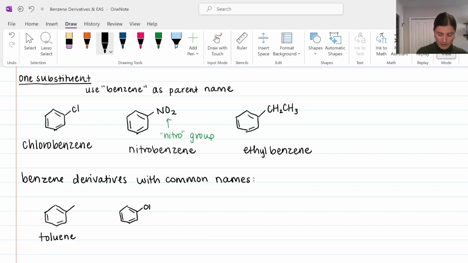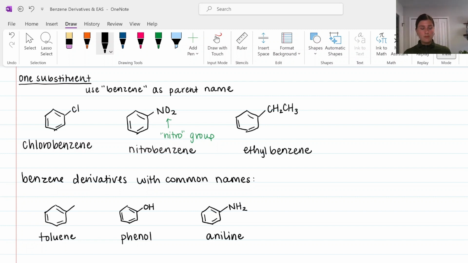If that substituent is a hydroxy group or an alcohol, we call this phenol. And then if that group is an amine, an NH2 group, primary amine, this is aniline. So we have 6 structures on the screen right now.